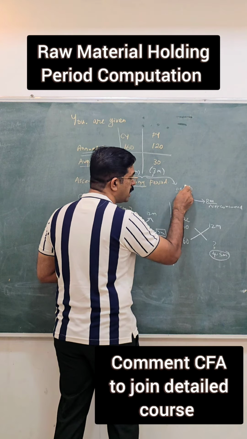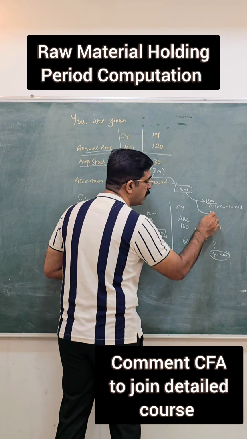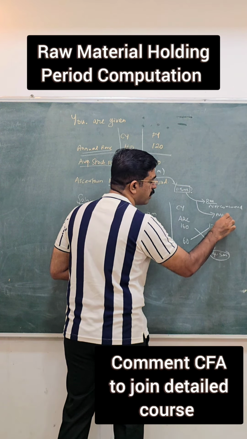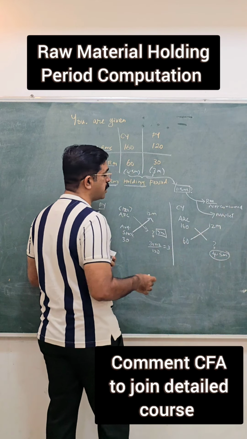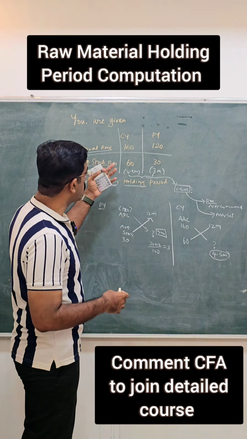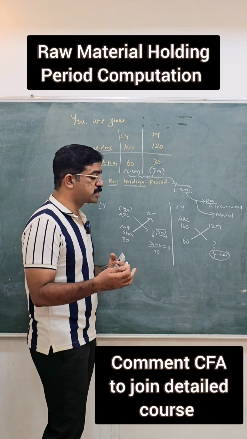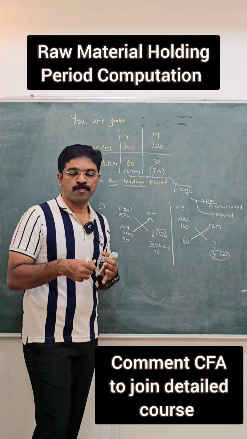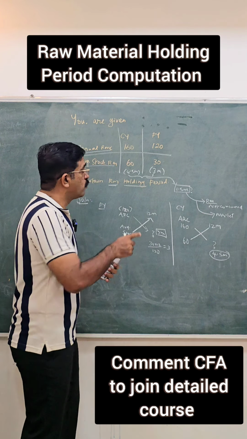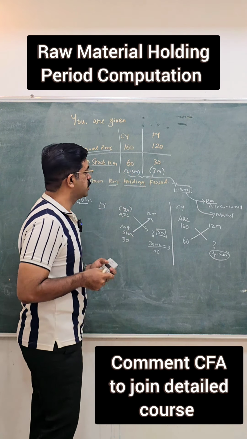Or they may be increasing the raw material holding level because of some market related factors, or they are concerned that the raw material may not be available for purchase, or it is seasonal in nature. If it is seasonal in nature, then why not in the previous year? Why only in the current year?